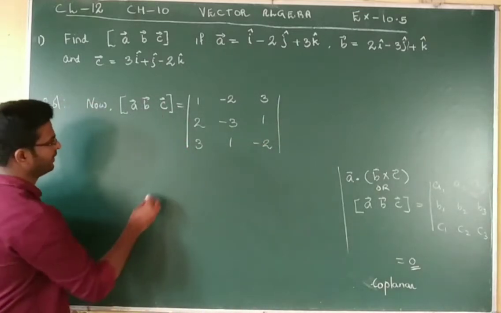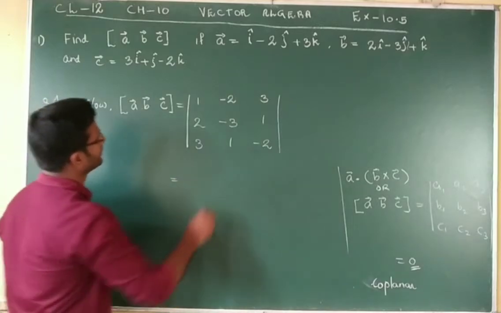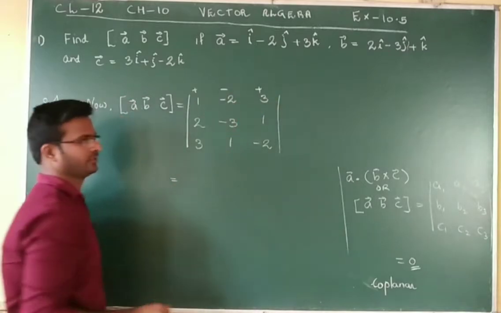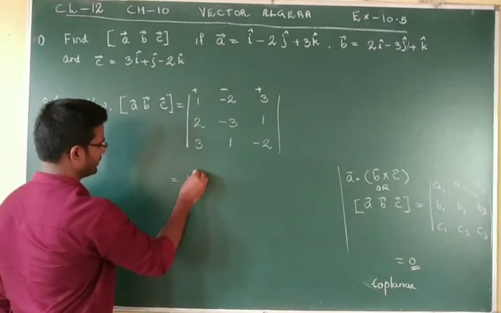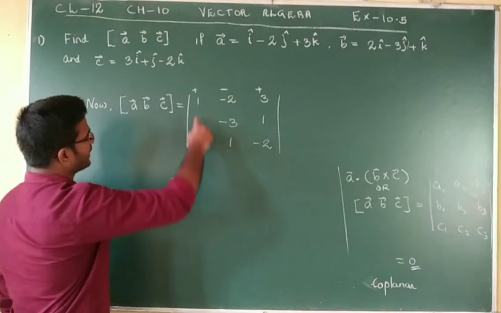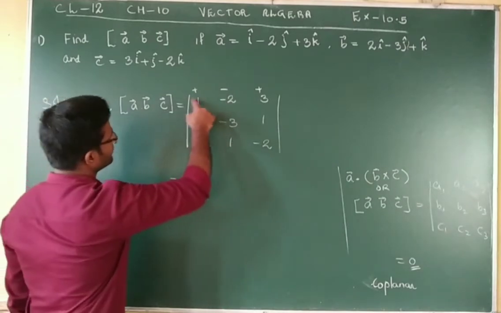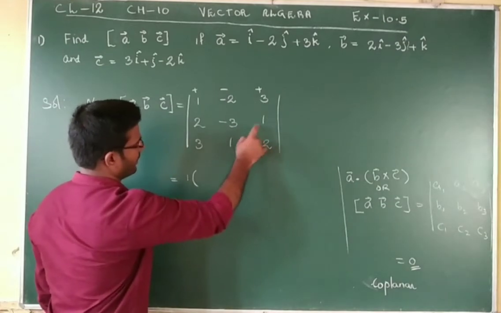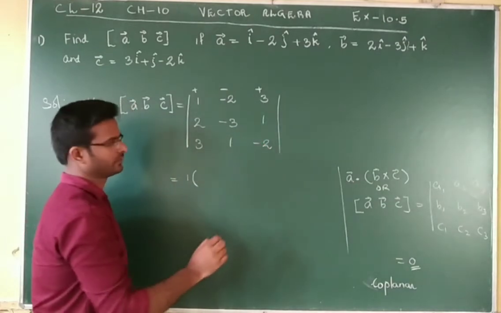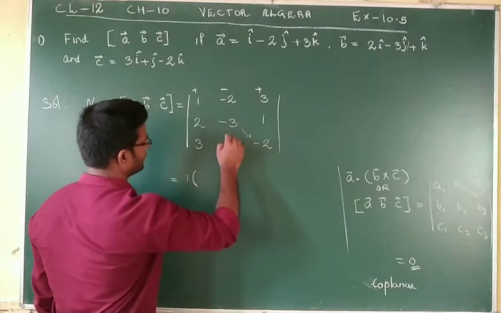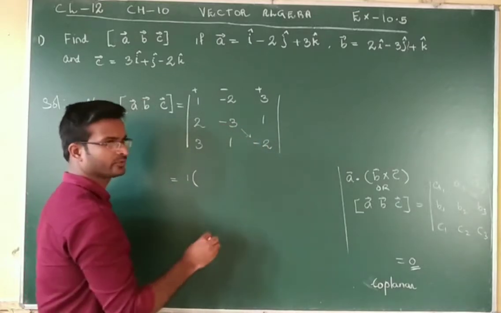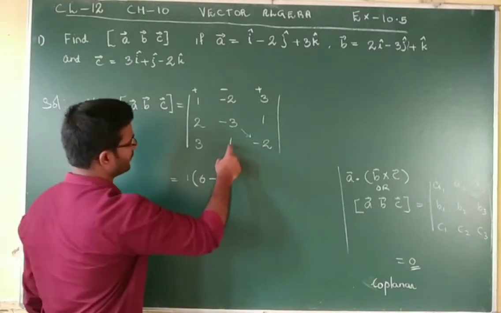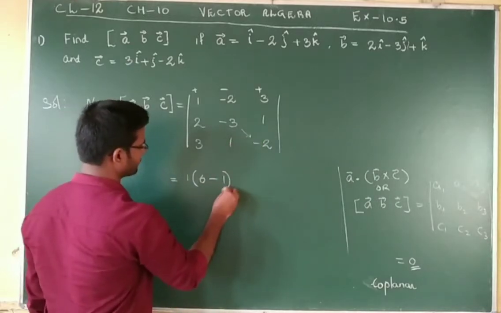Now we can take the determinant. The sign order is plus, minus, plus. First, plus 1 into, we leave the first row and first column. Then the remaining numbers are minus 3, 1, 1, minus 2. Take cross multiplication. Minus 3 into minus 2 is 6, commonly we write minus, 1 into 1 is 1.